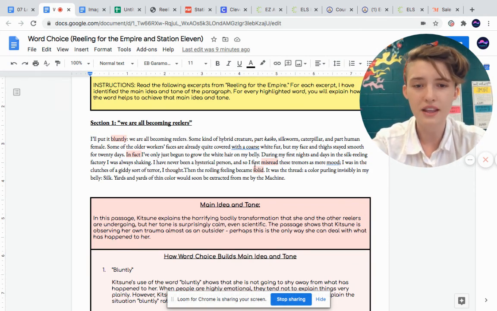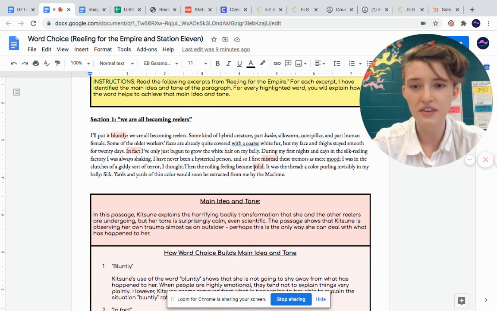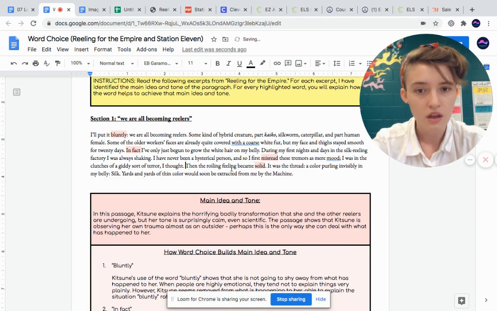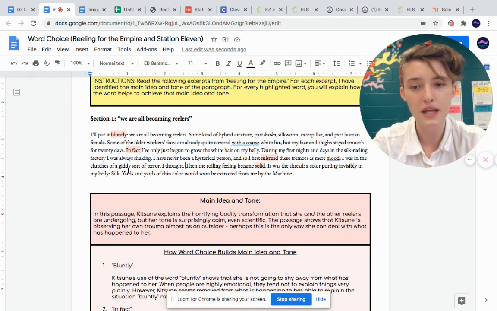I've never been a hysterical person, and so I first misread those tremors as mere mood. I was in the clutches of a giddy sort of terror, I thought. Then the roiling feeling became solid. It was thread, a color purling invisibly in my belly, silk. Yards and yards of thin color would soon be extracted from me by the machine.